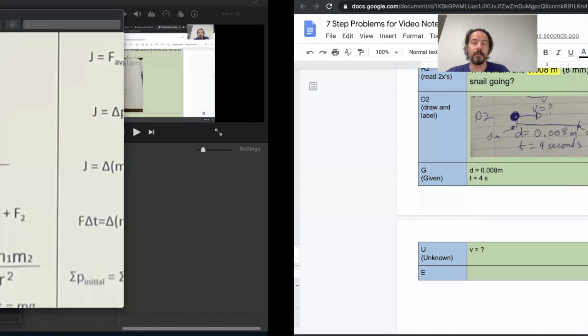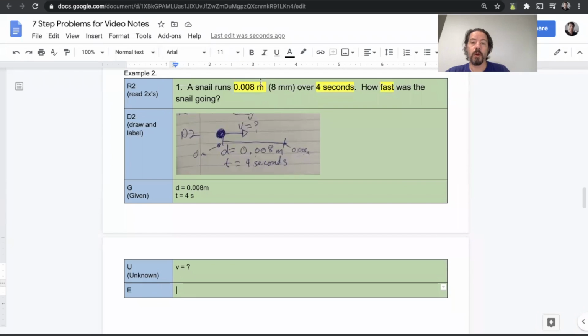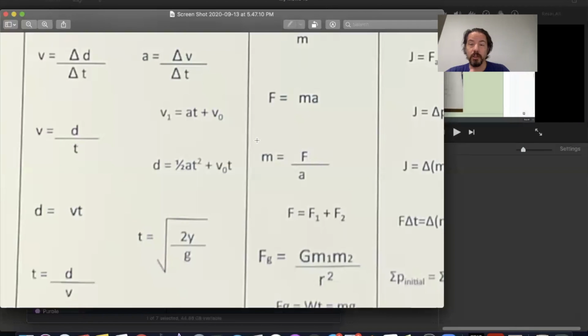Trick question. Not in the word problem, but if you look at the picture, we actually do. So we could do d2 minus d1, but it's still going to be 0.008 meters. So there's no point in doing that equation, but I wanted to show you that. We're going to do this one right there.